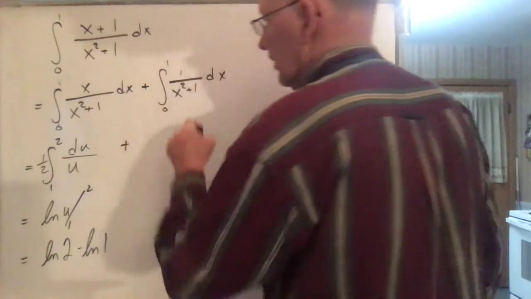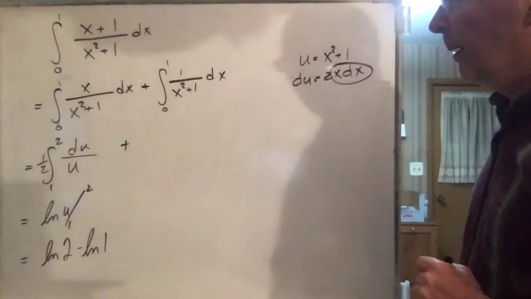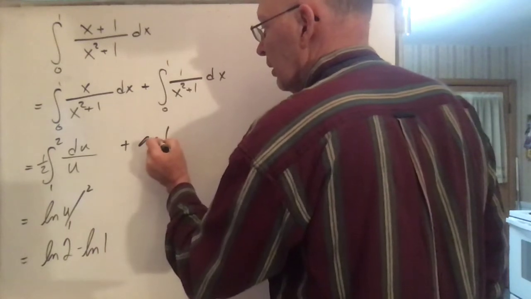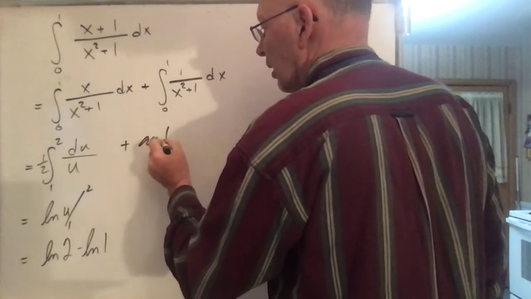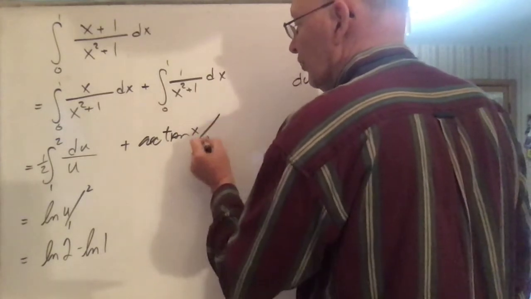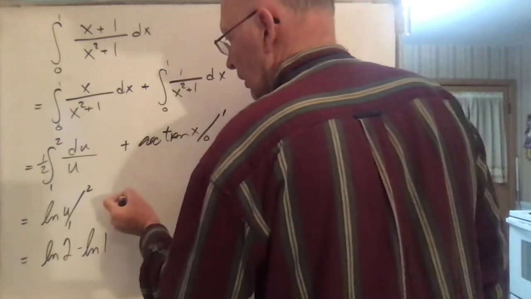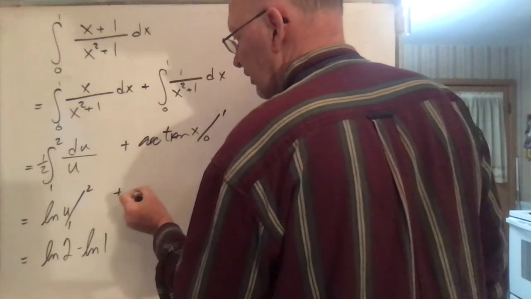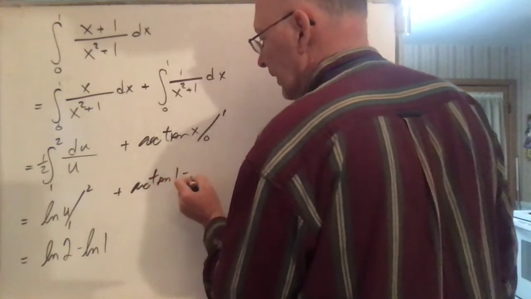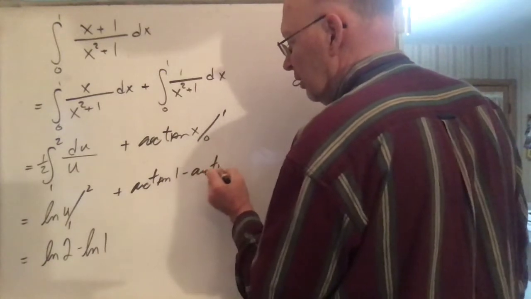What about this side? We just remembered that the antiderivative of this is the arctangent of x from 0 to 1, which is equal to the arctangent of 1 minus the arctan of 0.